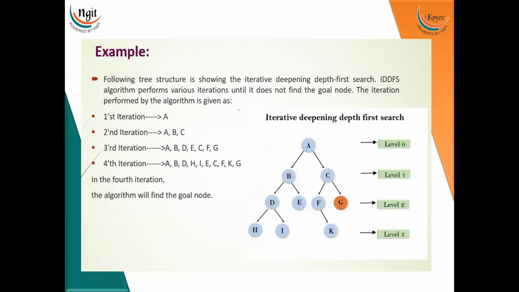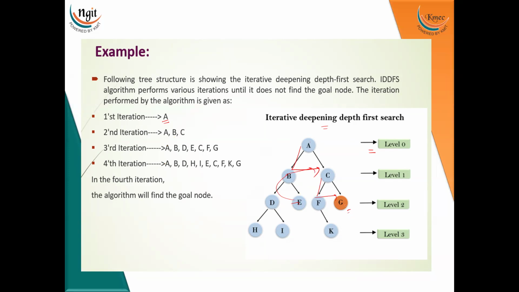And see here, this is one example of this iterative deepening DFS. At level 0, it will search for node A. Coming to the second iteration, A, B, C, it will traverse. And coming to the third iteration, A, B, C, D, you can see D, E, then it goes to C, then F, then G. And if we find the goal, it stops there itself.